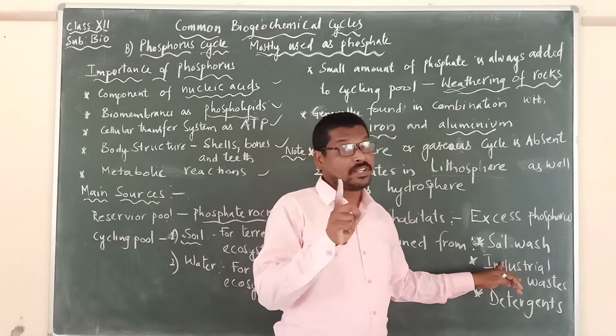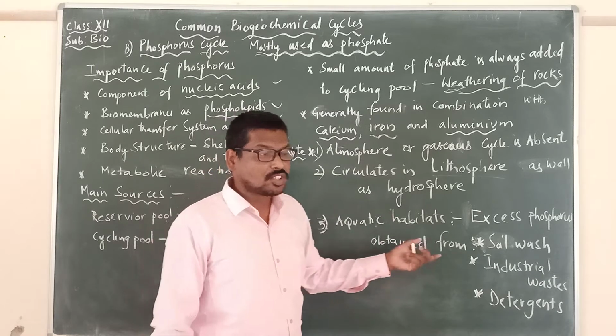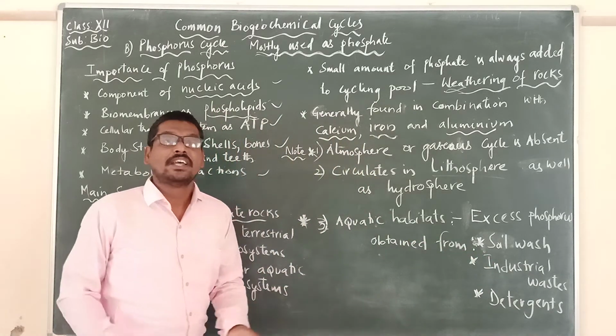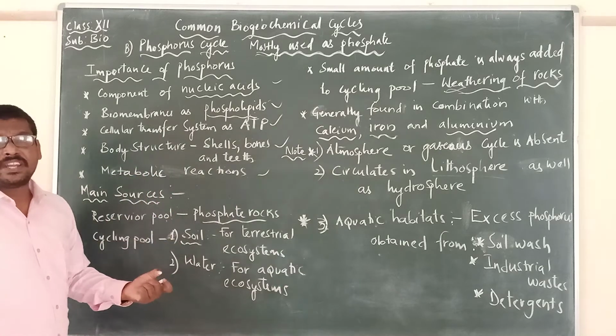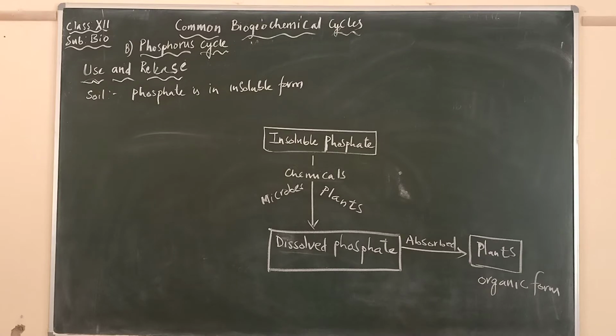And also please remember, it is also because of industrial waste and detergents. Because of the industrial waste and the usage of detergents, so much phosphorus is brought and added into the aquatic habitats.